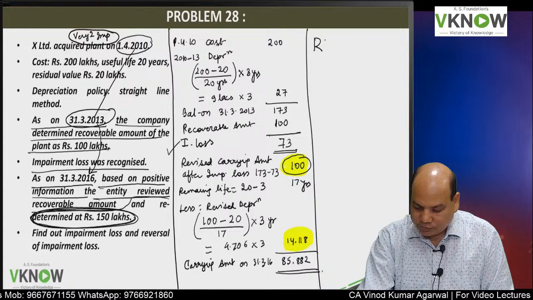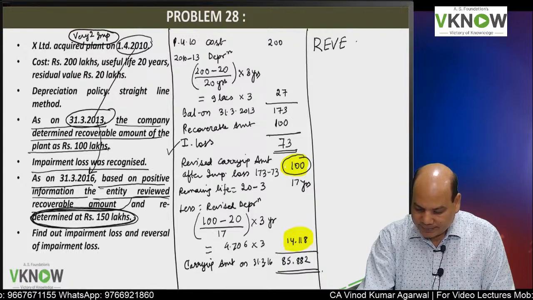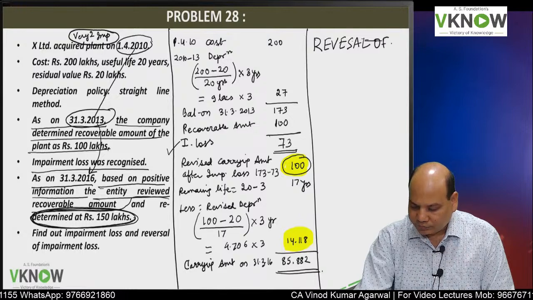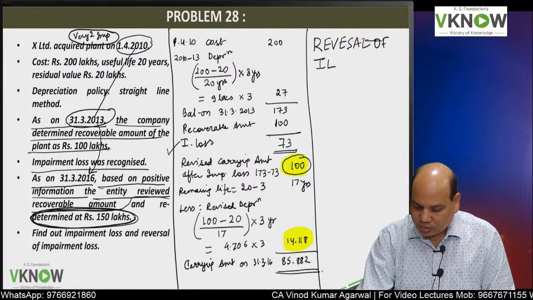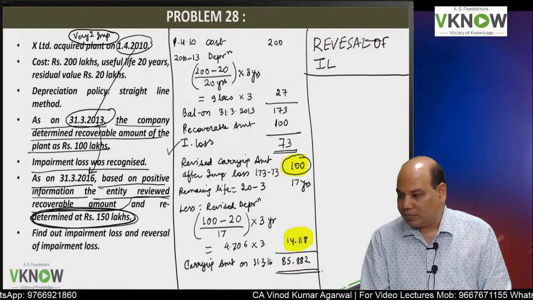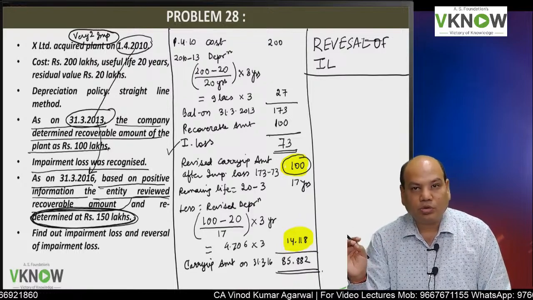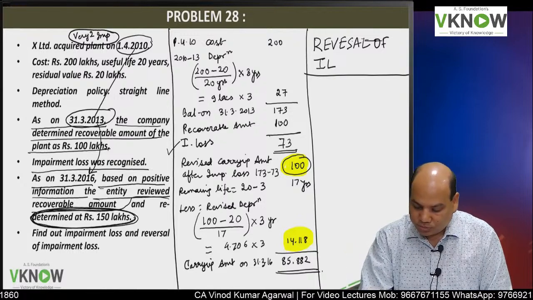So the question is reversal of impairment loss. Impairment loss will be reversed subject to the lower of the following two numbers.